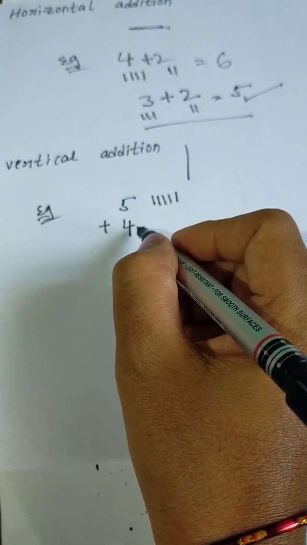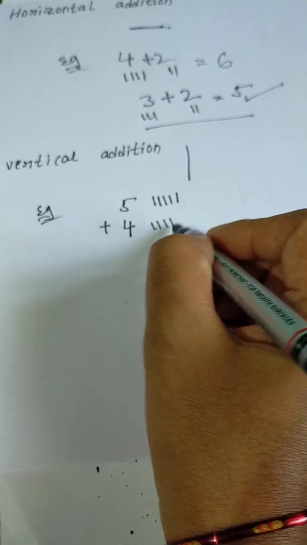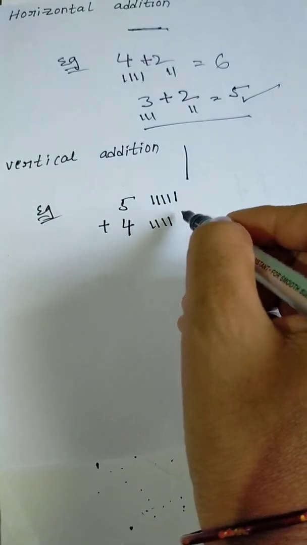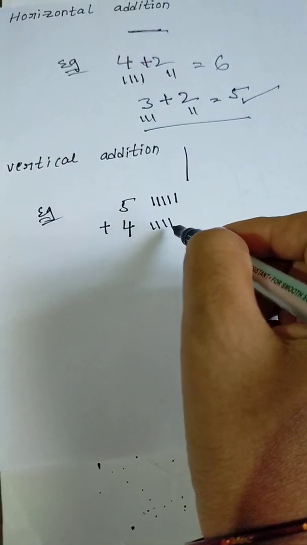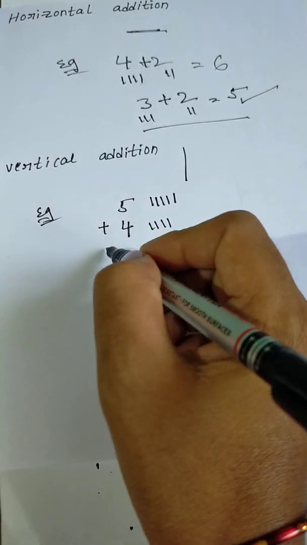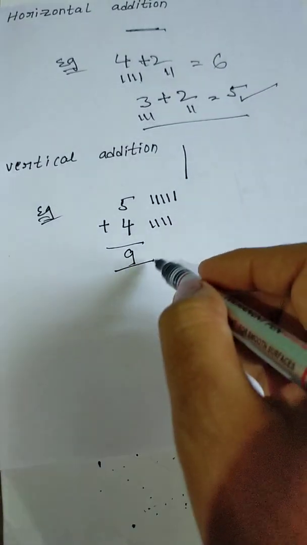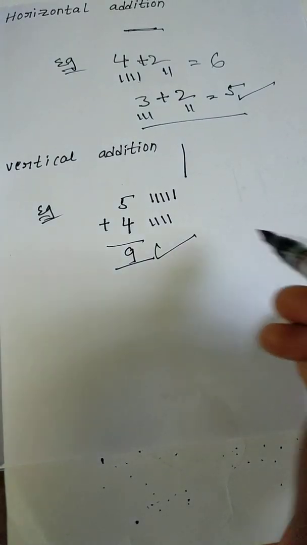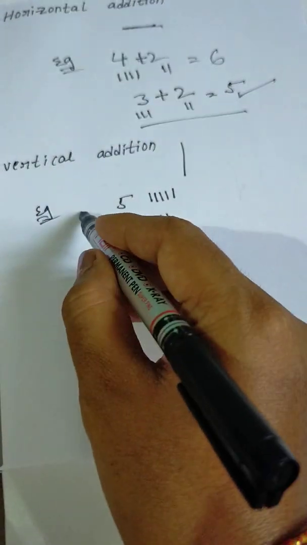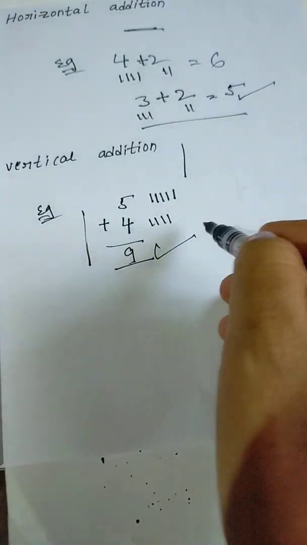Draw the 4 lines in the number 4. 1, 2, 3, 4. Now count the total number of lines. 1, 2, 3, 4, 5, 6, 7, 8, 9. Total 9. So the answer is 9. It is called vertical addition.